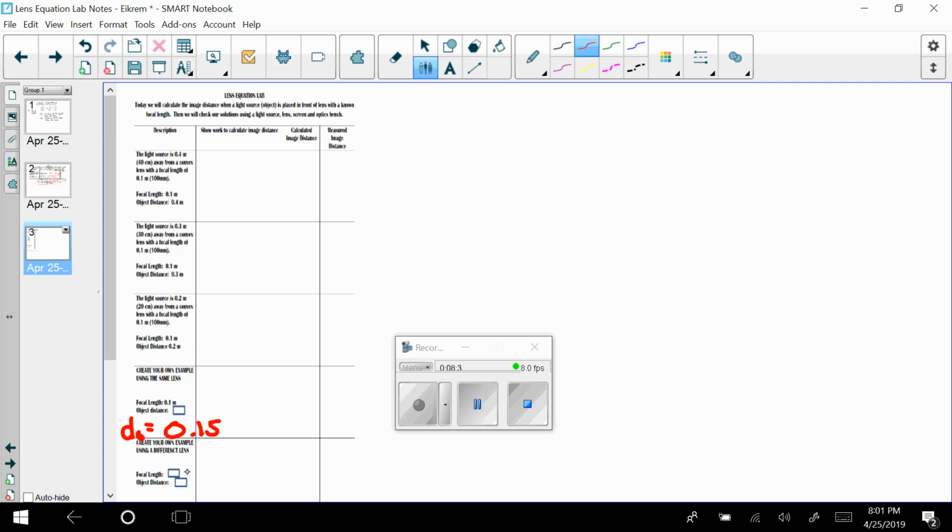And for the bottom one, I'd like you to assume a focal length, F, equal to 0.2 meters, and an object distance, dO, equal to 0.3 meters. And basically do this kind of work that I just showed you on all these other cases all the way down the page.